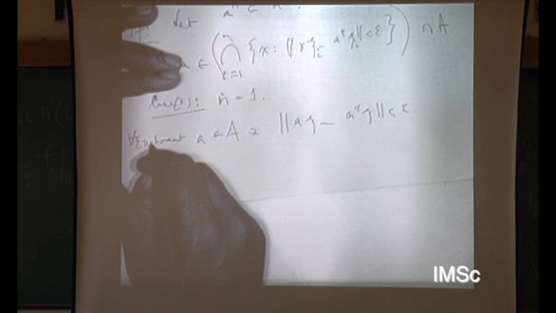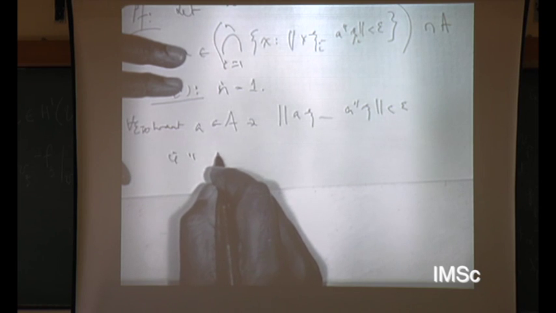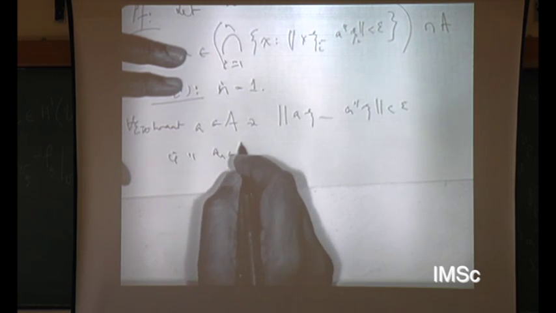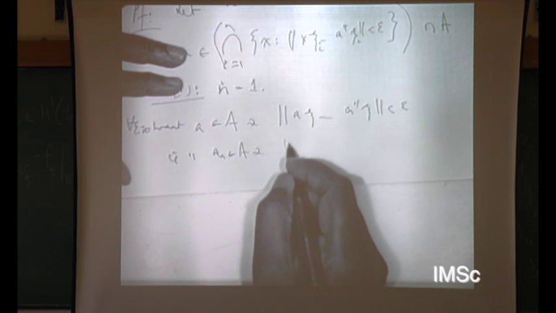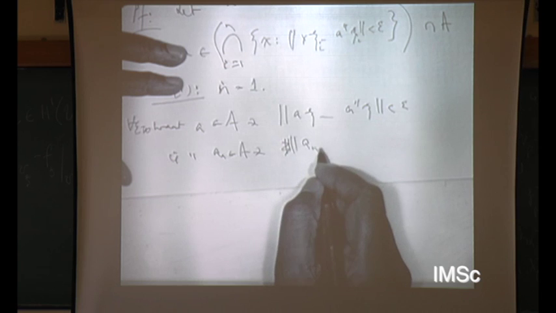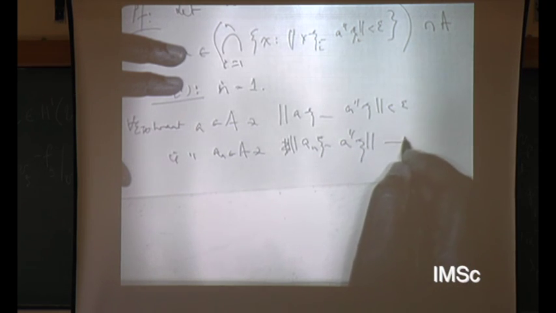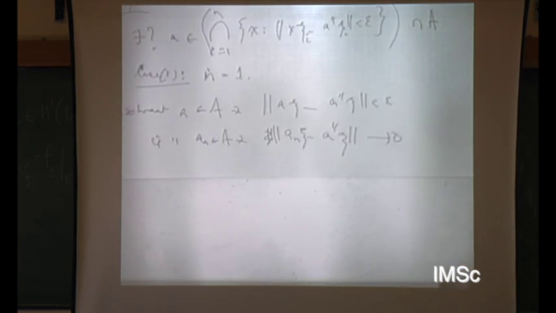Or equivalently, i.e., we want A_n in 𝒜 such that norm A_n psi minus A double prime psi converges to 0. This is what we need to do.